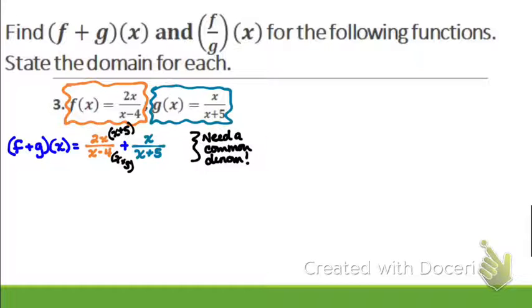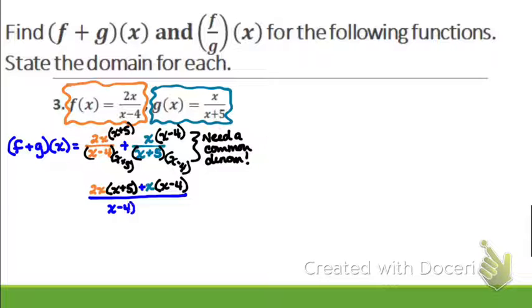And my second expression, g of x, we need to multiply top and bottom by x minus 4. All right, so I'm just going to write that out. 2x times x plus 5 plus x times x minus 4, all over my common denominator of x minus 4 times x plus 5.